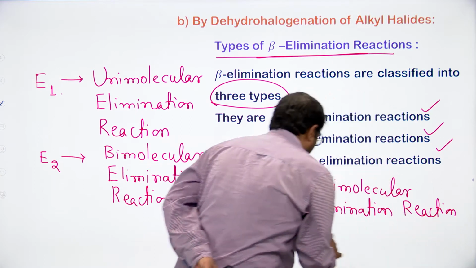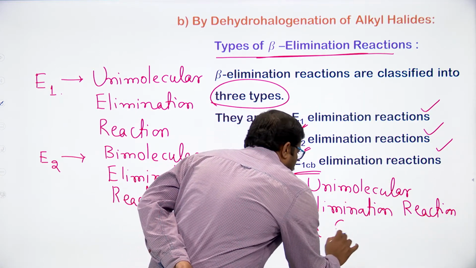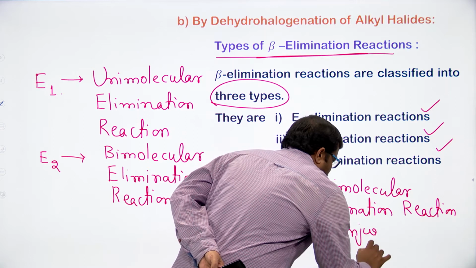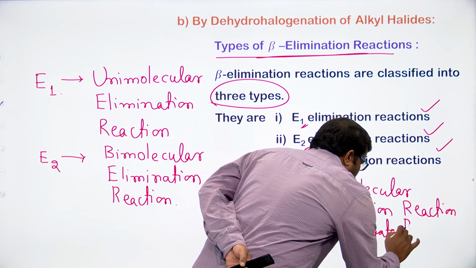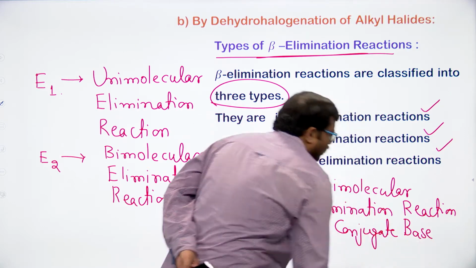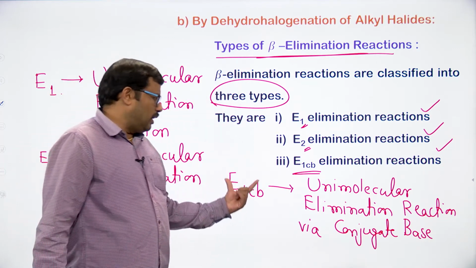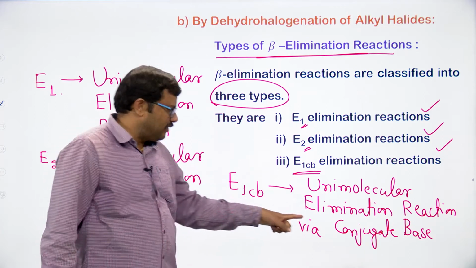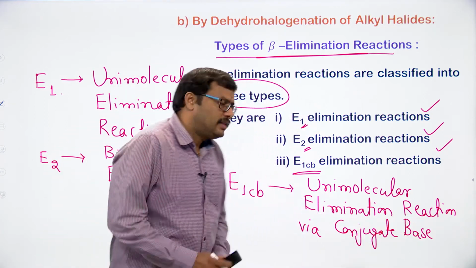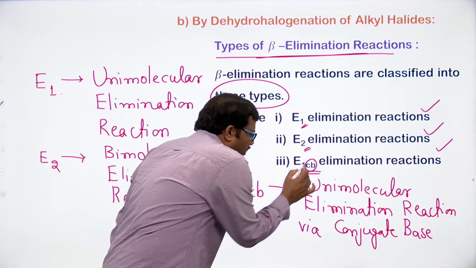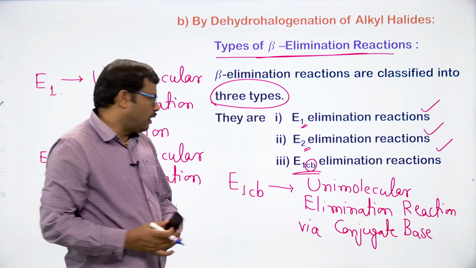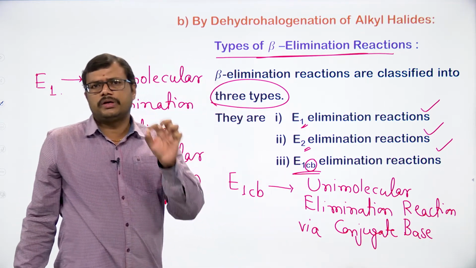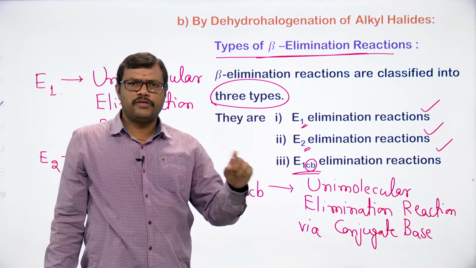So these are unimolecular elimination reactions, but they proceed via the formation of a conjugate base. Therefore, the conjugate base is represented in the form of CB. Small cb here indicates conjugate base, C for conjugate, B for base.